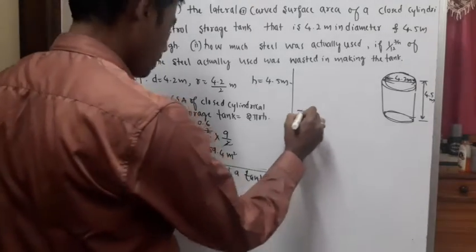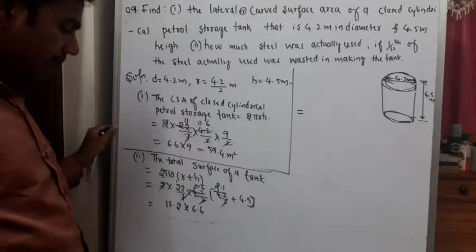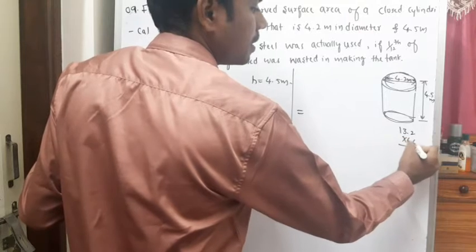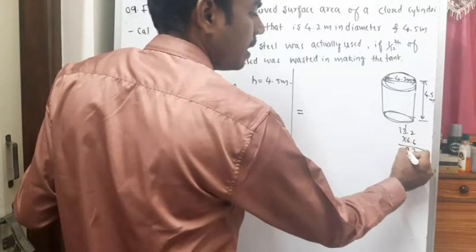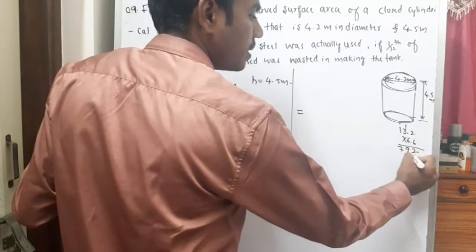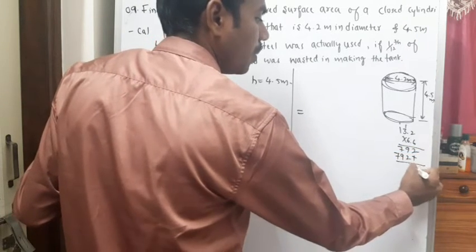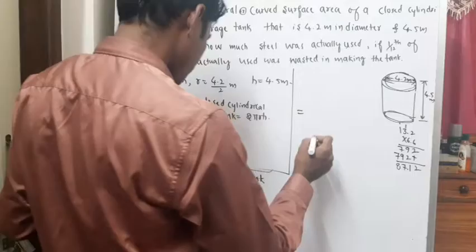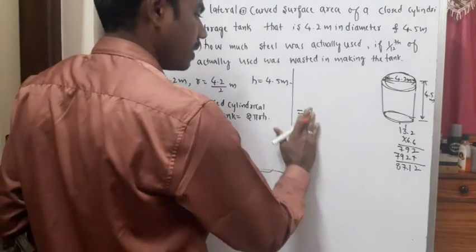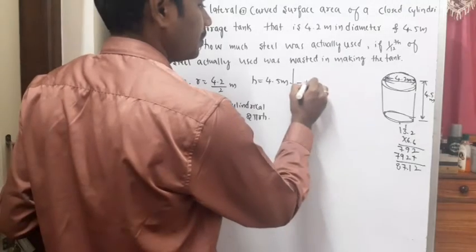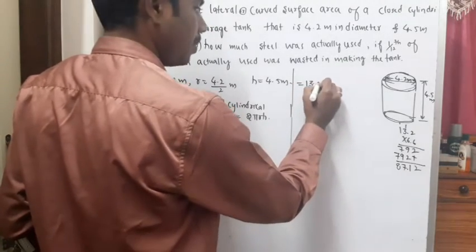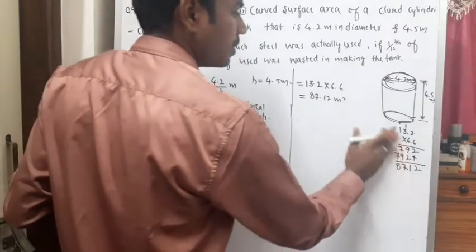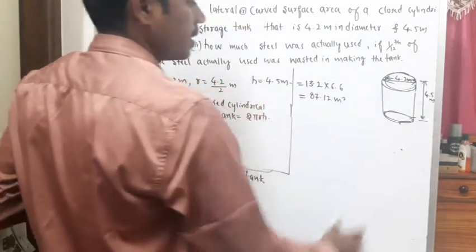So 13.2 into 6.6. 6 2s are 12, carry 1, 6 3s are 18 plus 1, 19. 6 1s are 6, 6 plus 1, 7. So that is 87.12. 13.2 into 6.6 is nothing but 87.12 meter square. So this is the total surface area of a cylindrical tank.